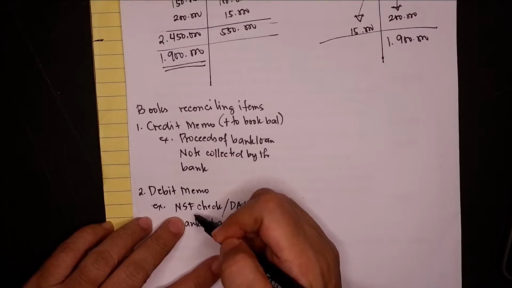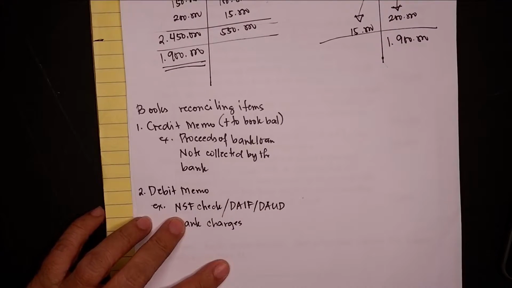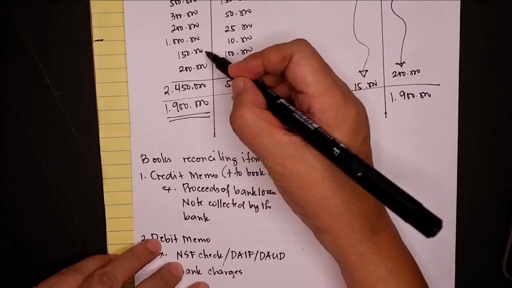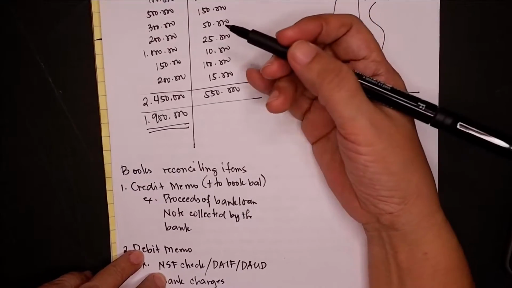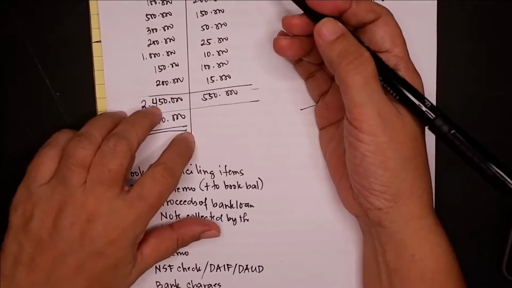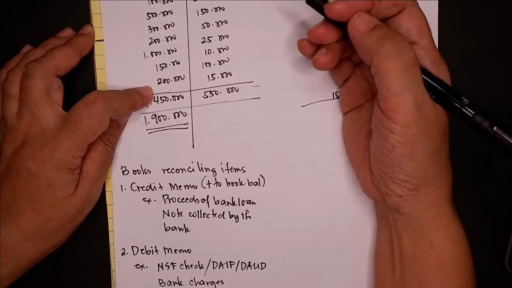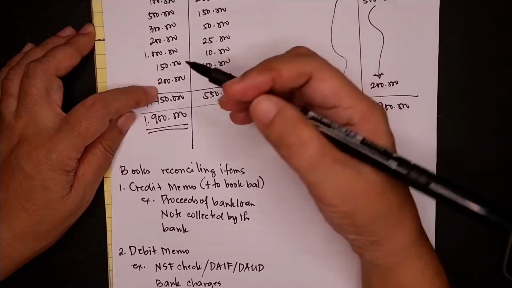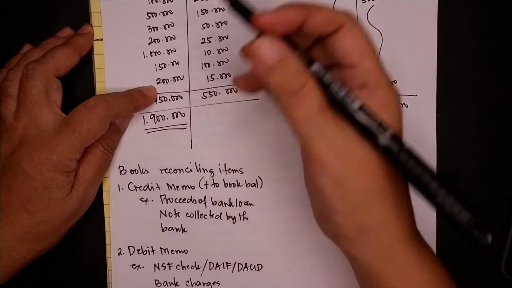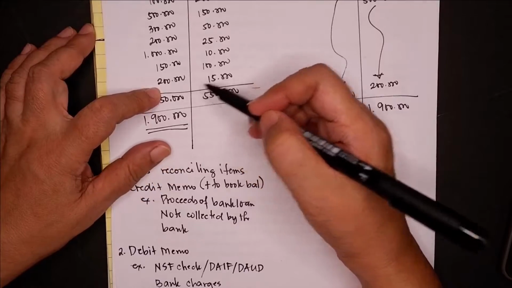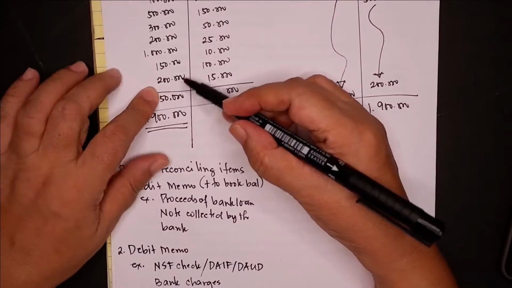Okay, for an NSF check, example, we have a customer who pays us 150,000. The date of the check is August 2025. So we deposited it in the bank and we prepare our entry, debit cash in bank 200,000 and credit accounts receivable 200,000.